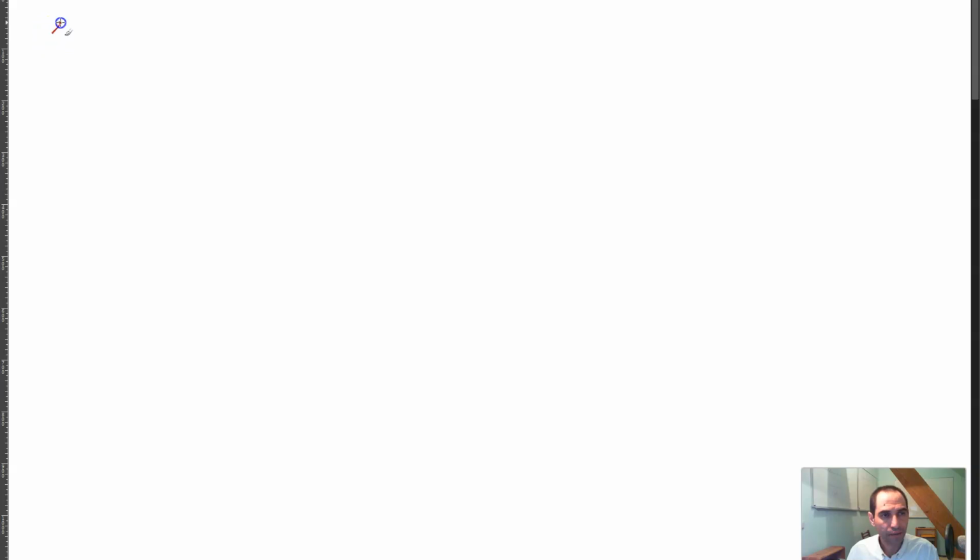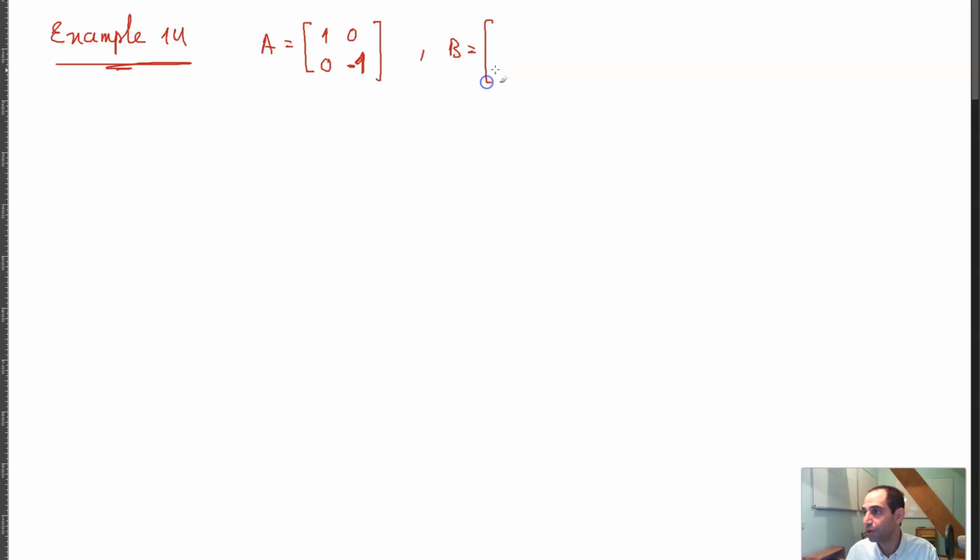Let's say that A is equal to, for example, this matrix 1, 0, 0, -1, and B is 0, 1, 1, 0.